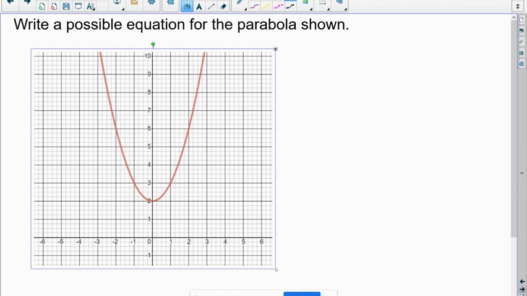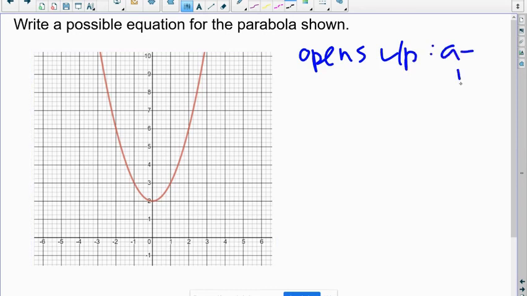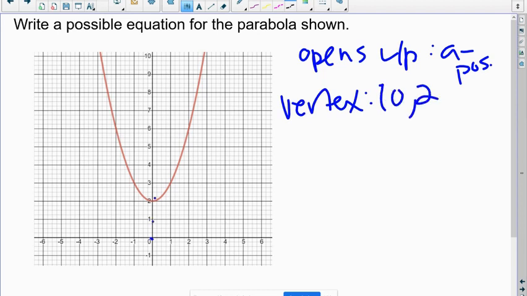Last one. So this one opens up. And that tells me that A is going to be positive. And my vertex, notice that if I start at the center, I go 0 to the right, and then I go up 1, 2. So my vertex is at 0, 2.